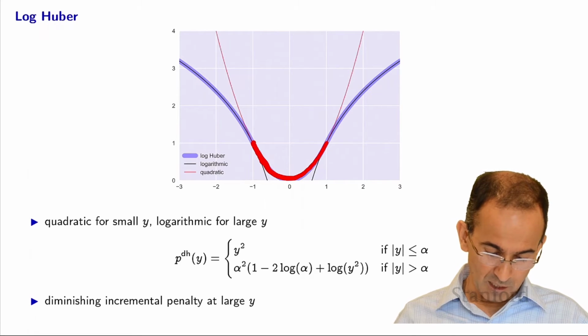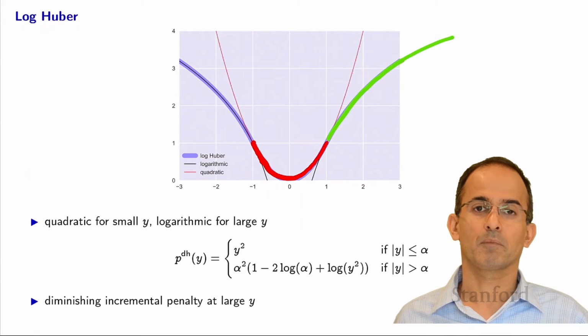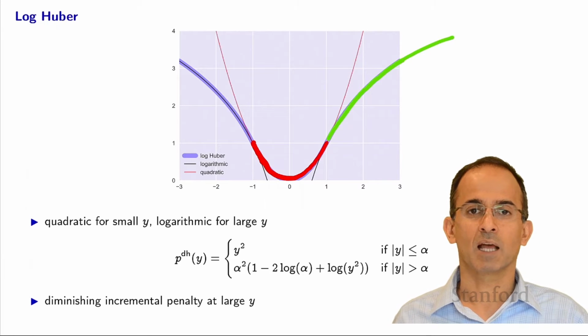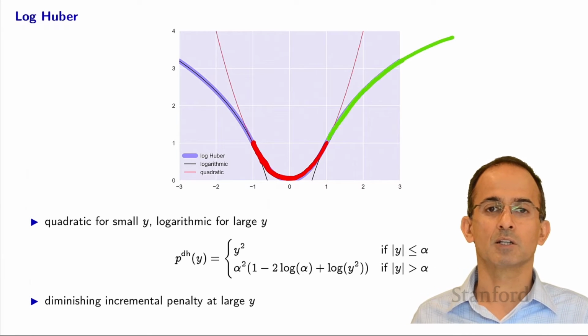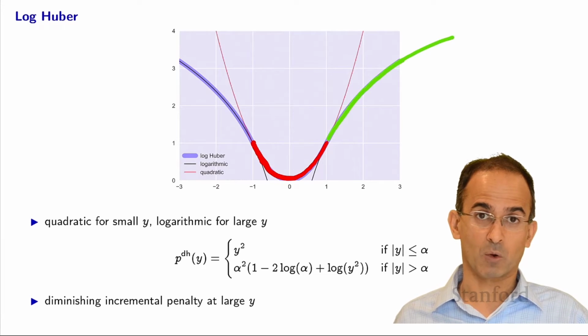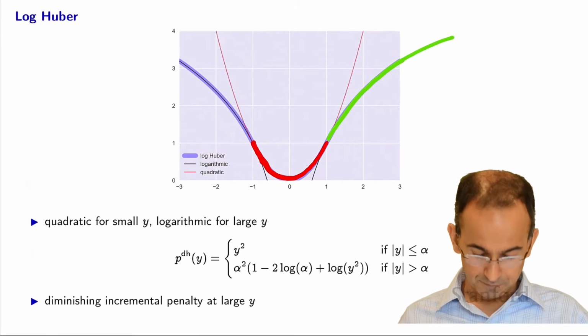And when the residual is larger than that, in absolute value, we've got a logarithmic function. And we can choose the terms in that logarithmic function such that it joins up nicely with the quadratic with the right slope at that point.